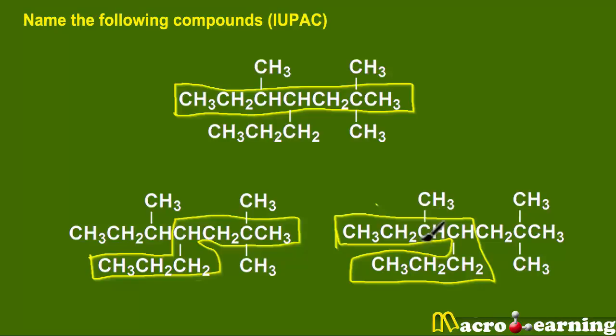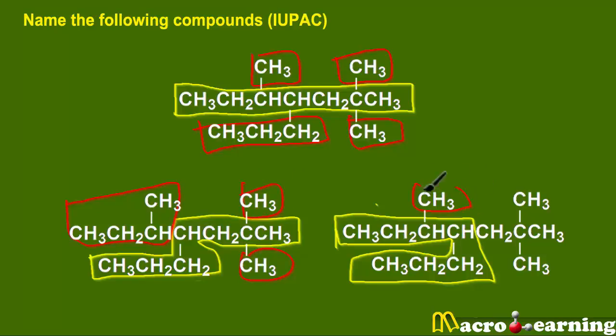Now the rule that comes into play here is that the one that has got the most branches is the correct main chain. So let's try to find the branches for each main chain. Right? 4 branches, 4 substituents. This one, how many substituents? 1, 2, 3.